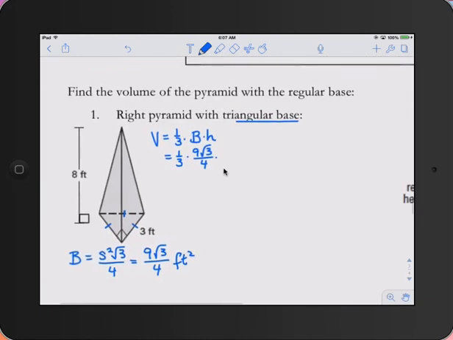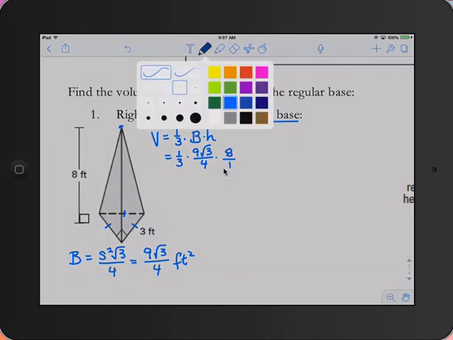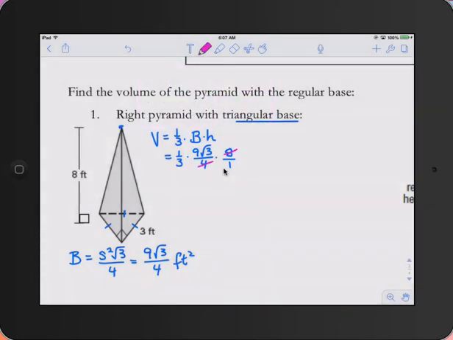So the height here is the 8 feet, the perpendicular distance between the base and the vertex of the pyramid. So this is 8 over 1. Okay, so we've got 4 goes in there twice, and then 3 goes in there 3 times. So if we multiply, we'll have 6 root 3 feet cubed is our volume.